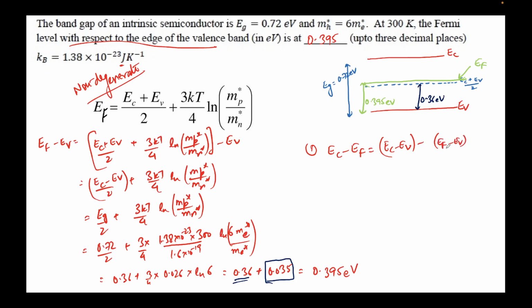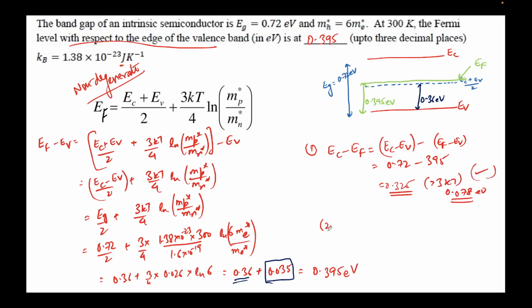I am doing nothing but subtracting EV, because EV is a reference. EC minus EV is 0.72, and EF minus EV is 0.395. So it comes out to be 0.72 minus 0.395, which is 0.325. Is it greater than 3 kT? 3 kT is 0.078 eV. So yes, 0.325 is greater than 0.078 eV. So the first condition is satisfied.